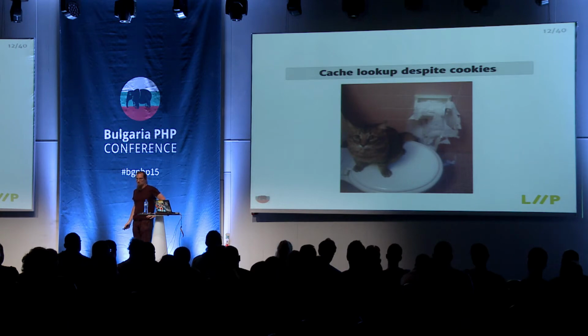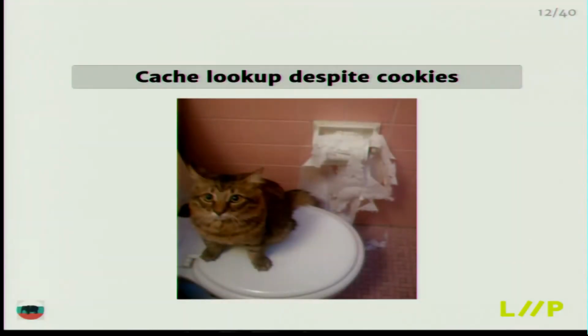So next thing would be looking up in the cache even though there are cookies, and it's very easy to mess that up. It can make sense, but you have to be careful, because the one thing you really don't want is that I go to that page with my cookie, it shows the information for me, like hello David and whatnot, and then somebody else, one of you, comes to the page, and you get that page from the cache, and it tells you, hello, David.